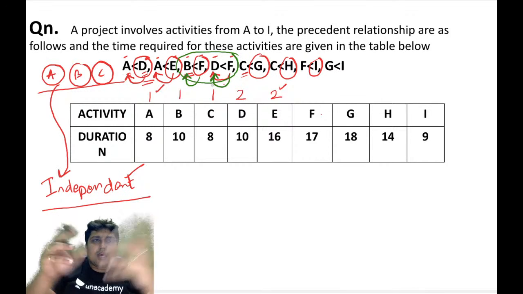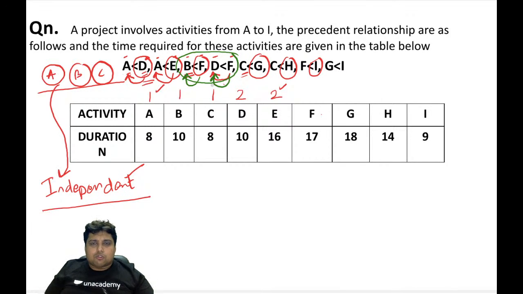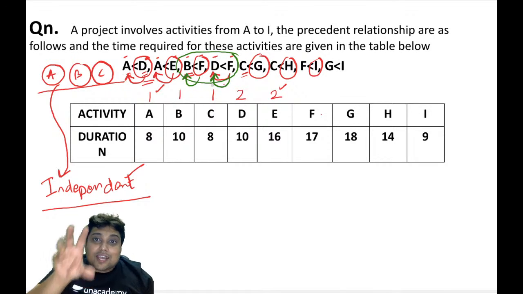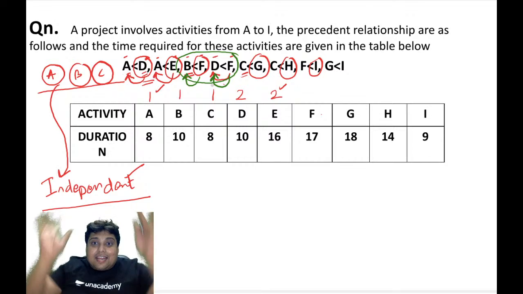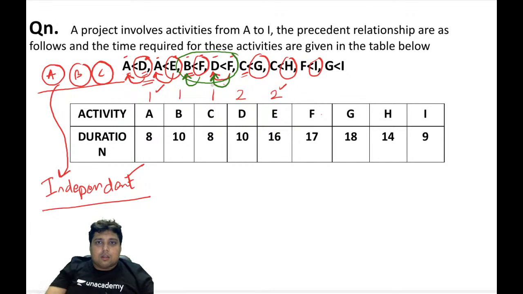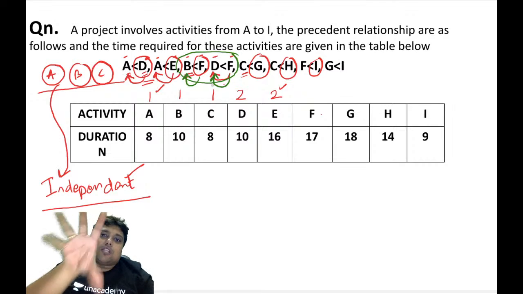What does it mean? Suppose you are getting a house constructed and you want to put those electric switches to turn on the light and fan. Those electric switches can only be put in their place once the electrical wiring of the house is done. And once the electrical wiring is done, you do the plaster work. And after the plaster work, you put on the switches.